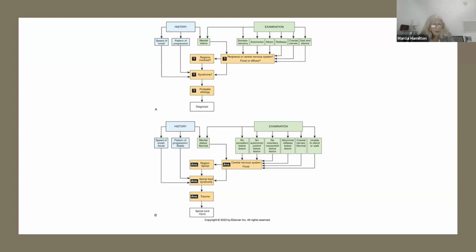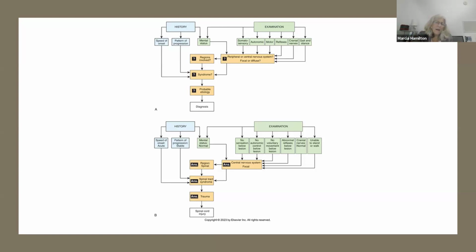So always think about mental status as kind of like a prerequisite to doing the evaluation. Just like you do in your practicals or performance competencies, you introduce yourself, and then you ask the patient to identify themselves. And essentially that's looking at mental status.